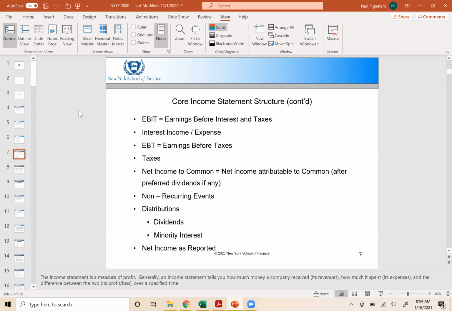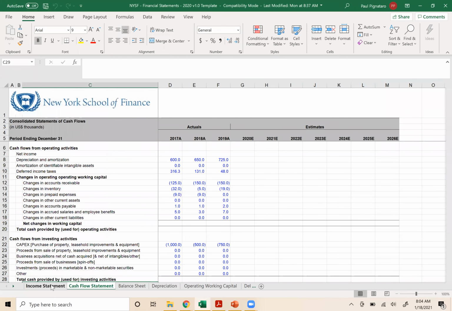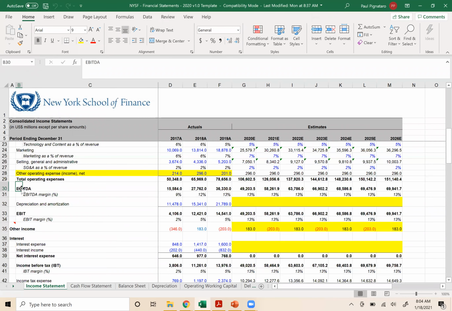EBITDA is at its core earnings before interest, taxes, depreciation, and amortization. Popping up the model real quick, we had laid that out. That is a proxy for cash flow. We'll talk about that when we continue with our model. It is often thrown around and used in metrics of valuation that we'll see at the end of the course when we determine what the Amazon stock price should be.